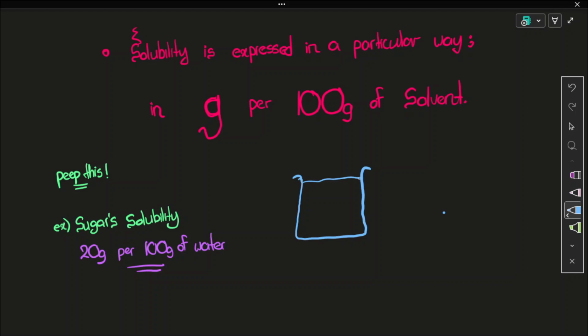What if I were to tell you that I have 100 grams of water? It might be weird at first, but I want you to know 100 milliliters of water is equal to 100 grams of water. Keep that assumption in your head. So the 100 grams of water part is checked.